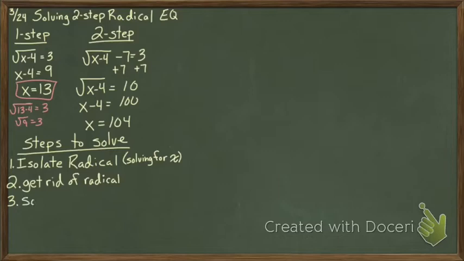After that, once the radical is off, you're going to solve for x. Once you have x solved for, you're going to check for extraneous solutions.